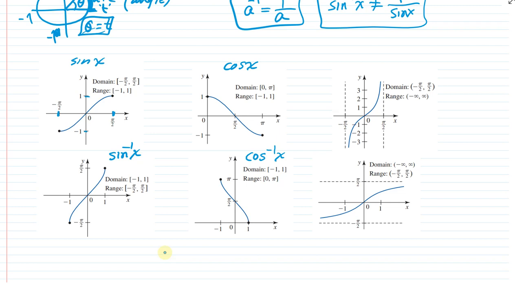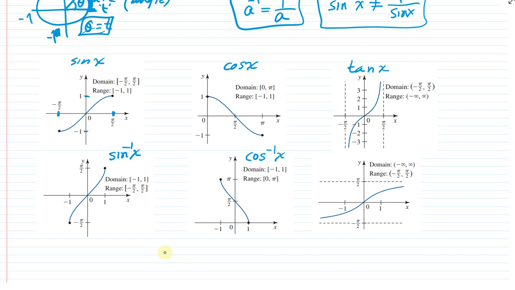For tangent, the restriction occurs between -pi/2 and pi/2. See right in here? Not including those endpoints, because those are the asymptotes. So that means for the inverse, the range is going to be negative pi over 2 to pi over 2, and the domain is going to be the same as the range of the function.